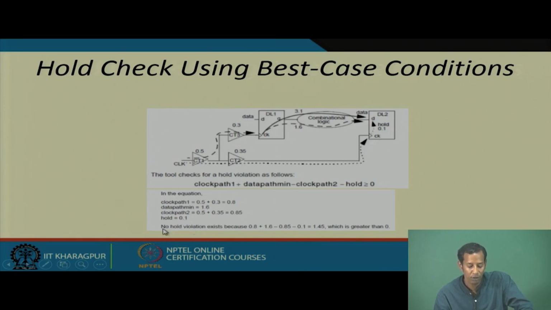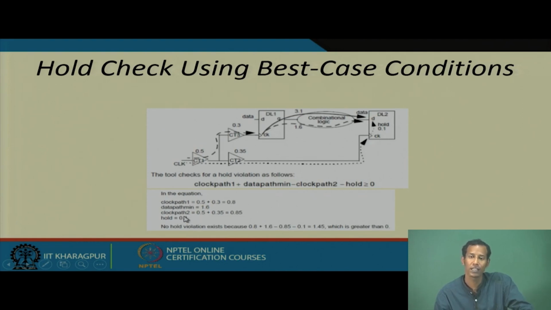So, the corresponding equation is 0.8 plus 1.6 minus 0.85 minus 0.1, which is 1.45, greater than 0. That is why this design will not have any hold violations. Now, if you get this value less than 0, at that time you will find a hold violation.